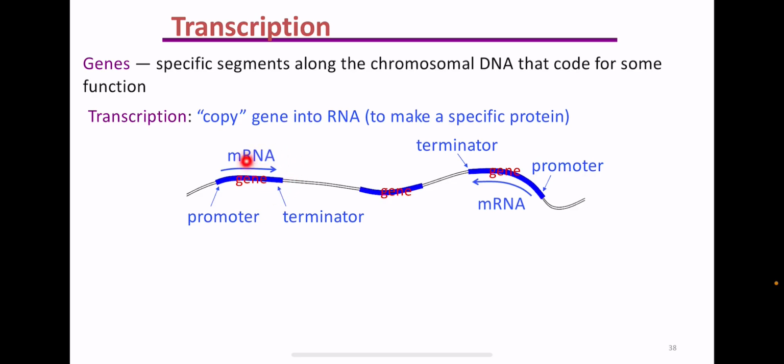So in this diagram, for example, in the transcription of the mRNA for the first gene, the first strand was used as a template, right? But in the transcription of the last or the third gene, the second strand was used as a template, right?